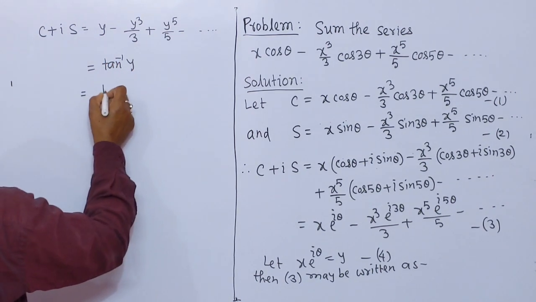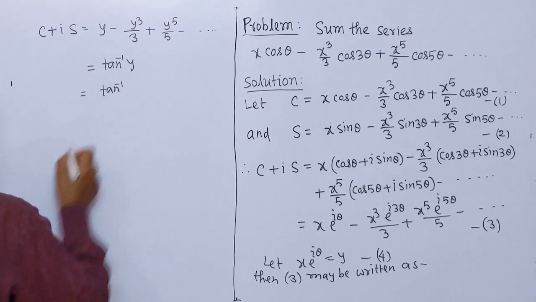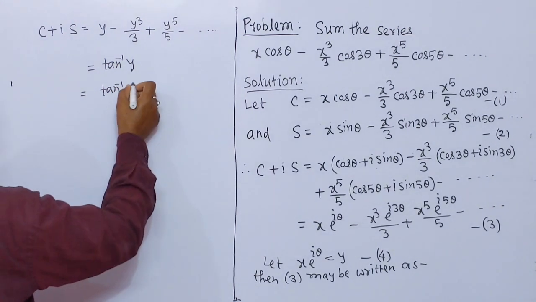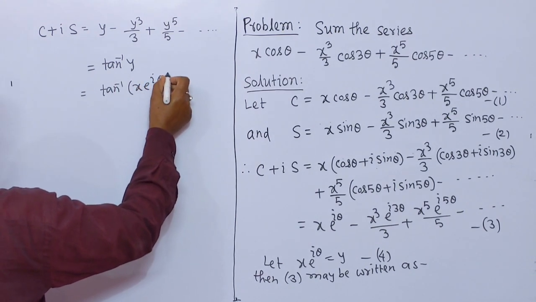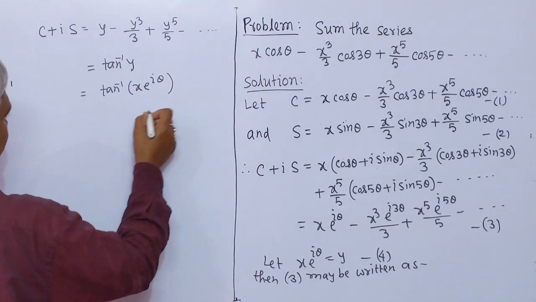This is equal to tan inverse of y, meaning x e to the power i theta. This is number 5.